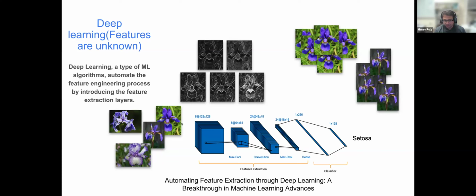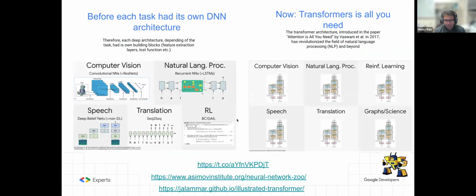As you see here, it is pretty much incorporating these feature extraction layers, so the process of extracting those features becomes automated. However, at the end, what they generate is just a vector representation of the features, and those features can be passed further to another algorithm to do the classification.